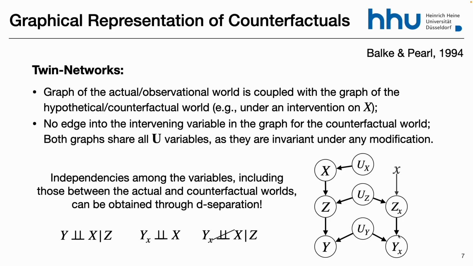But if you get the response of Y given an intervention on X and condition on Z, you open this path here. So you cannot get the causal effect of X on Y conditioning on Z in this chain. It's kind of hard to see, and you don't need to understand it in this sense, because there is the theory by Pearl that allows you to understand the effects of interventions through graphs.